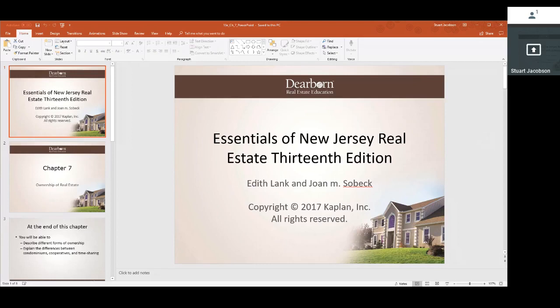So here's what happens if someone dies. You know what? I'm not going to get into death in this one, because we're going to talk about that in joint tenancy. If a tenant in common were to sell their interest in the property or devise it, will it to someone else, they would now be tenants in common with the other person.